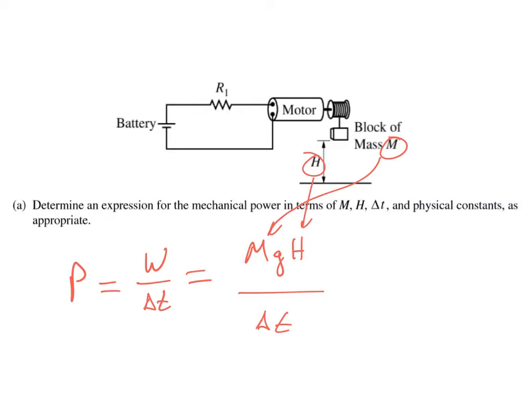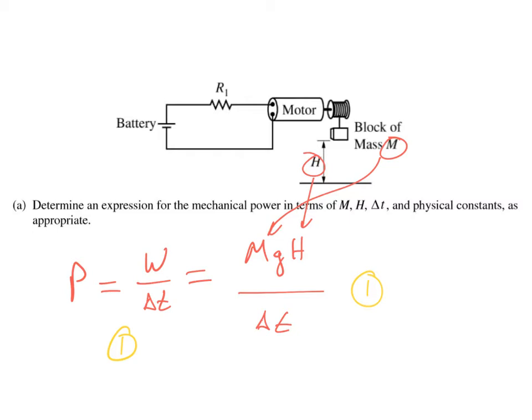We don't have to do anything with this. This is done, right? This is really simple. It's mgh over delta t. It's a very simple first derivation. First part of this problem is just this nice little derivation. And you get 1 point for saying that power is work over time, and you get 1 point for properly plugging everything in. Well, that seemed pretty easy, right?